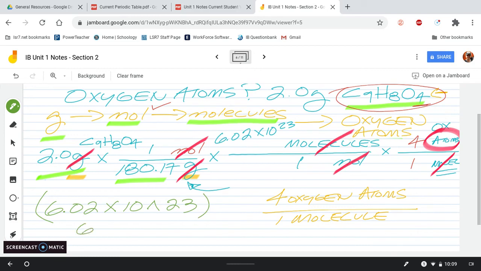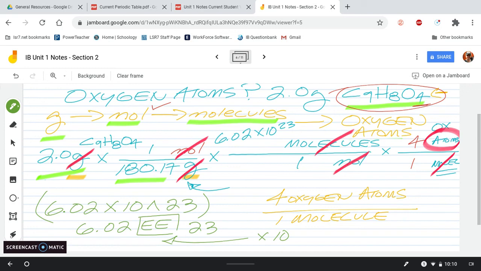If you're doing it with 6.02 and then using your exponential function, then you're fine. The exponential function is a button that looks like double E on your calculator, and then you would plug in 23. The double E button means times 10, so it takes the place of that. That's really up to you. I use the double E just because it's a little bit easier. But anyway, so 2 divided by 180.17 times 6.02 times 10 to the 23rd.